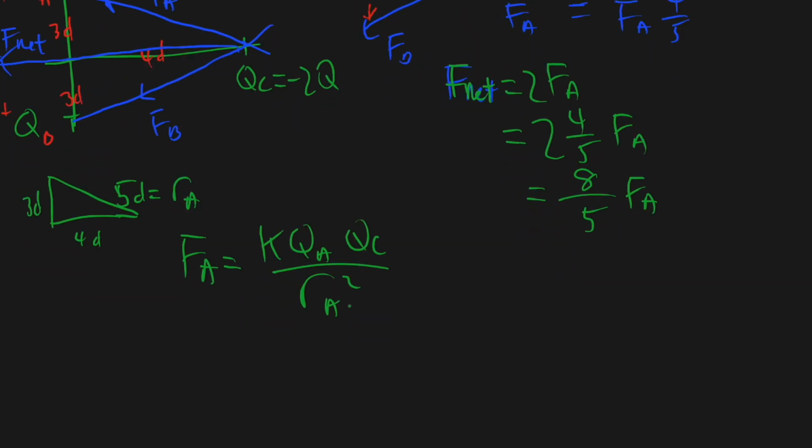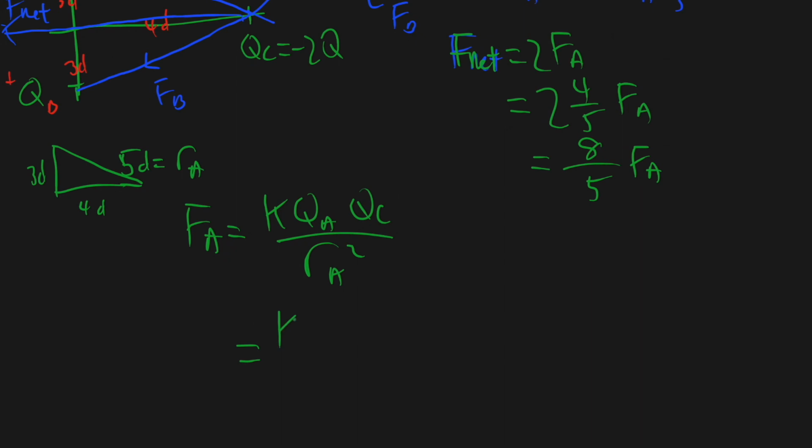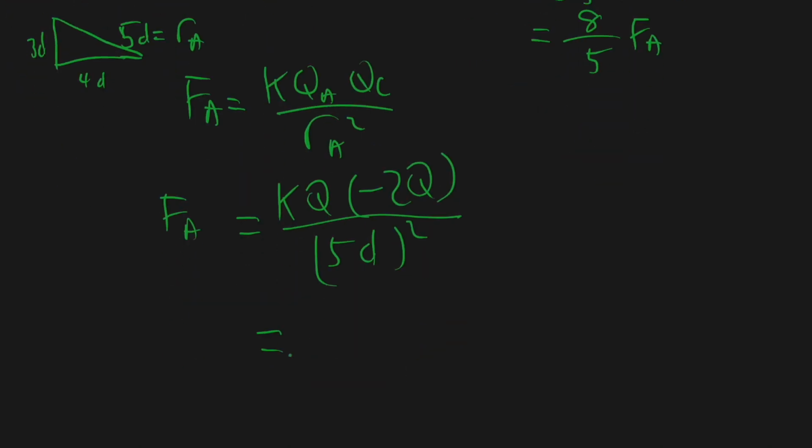So QA is equal to Q, and QC is equal to negative 2Q. RA is equal to 5D, so RA square is equal to 25D square. So this is equal to KQ square over 25D square, and here is a plus negative 2. So I'm gonna ignore the negative sign because I want to find the magnitude here.